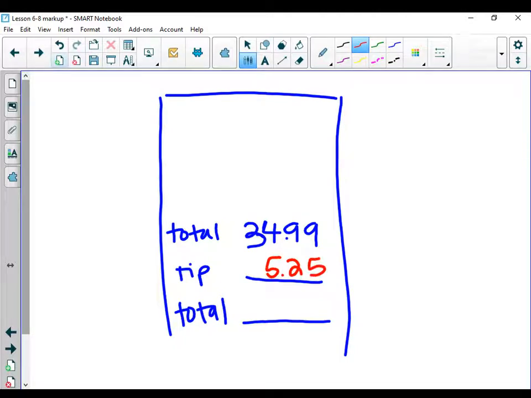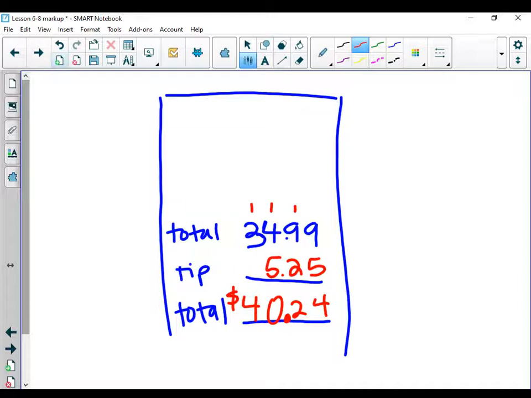So we just found out $5.25 total. New total of food plus tip, $40.24.